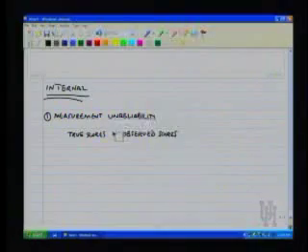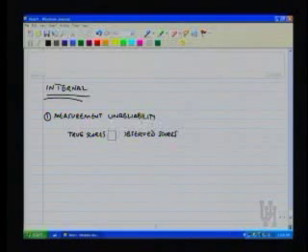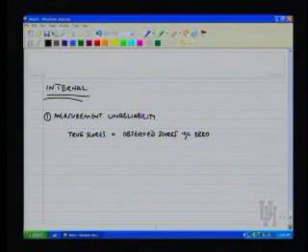True scores are equal to observed scores plus or minus some amount of error. And in the context of measurement reliability, what you and I spent time doing was decomposing and examining this error component.